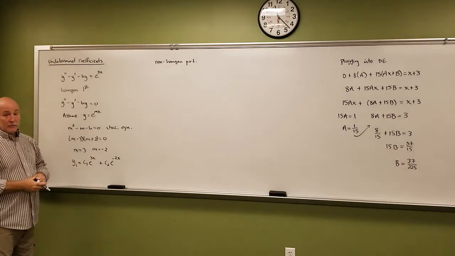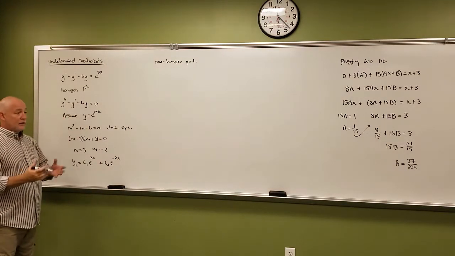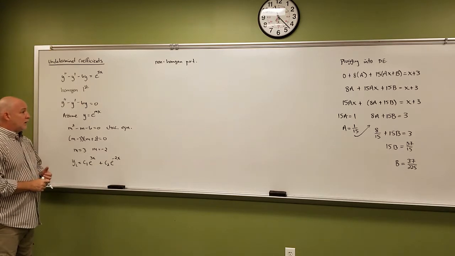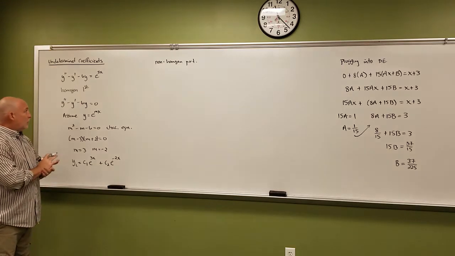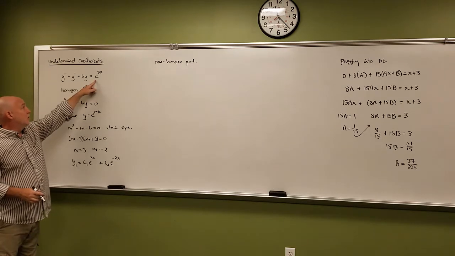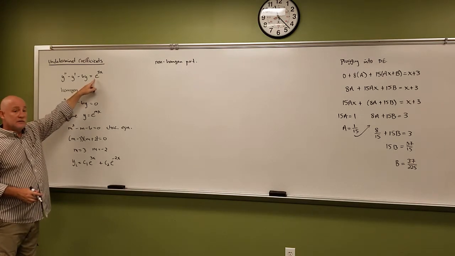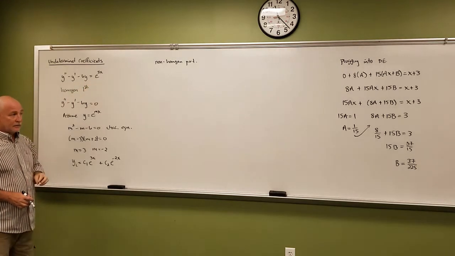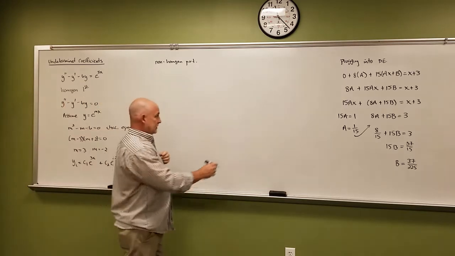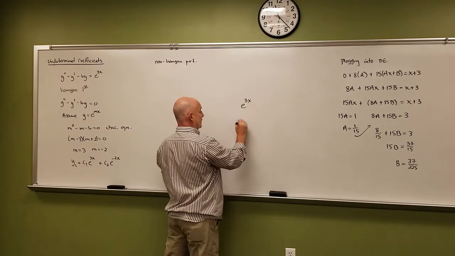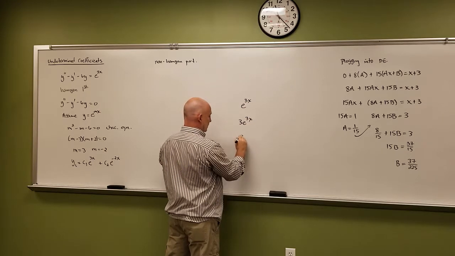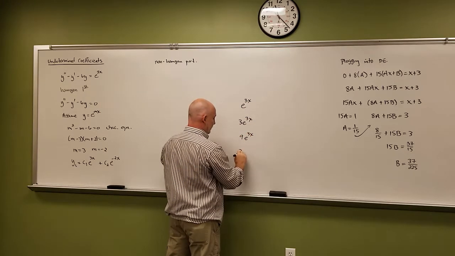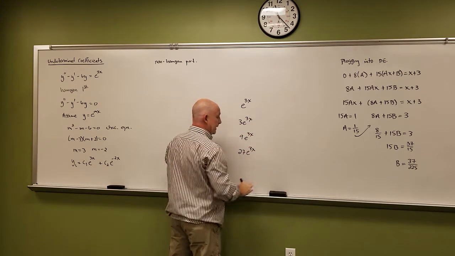It actually can be a lot of work, but it is fairly easy to do most of the time. It's really just a lot of algebra. But to do that, I have to look at my non-homogeneous part and say, does this function have repetitive derivatives? So does e to the 3x have repetitive derivatives? Yeah, no matter what you do, you're always going to end up with something times e to the 3x.